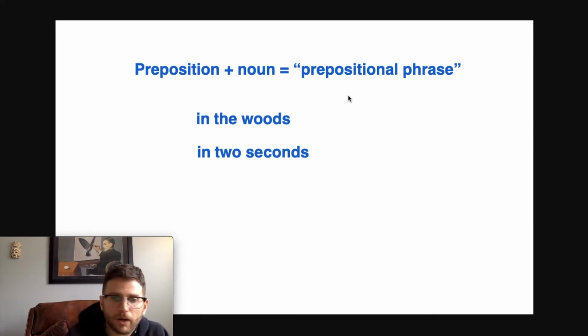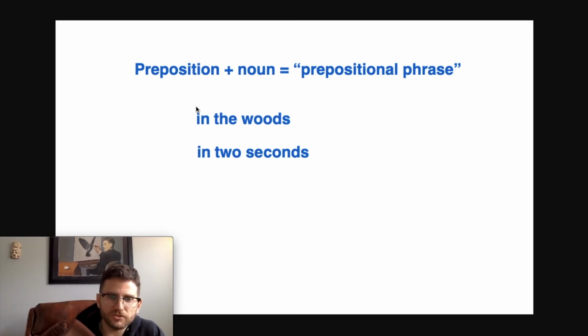And so I could build anything I wanted around this. If I looked at my prepositional phrase that relates to space, I could say the man in the woods. Okay. What two nouns am I relating there? I'm relating the man to in the woods.